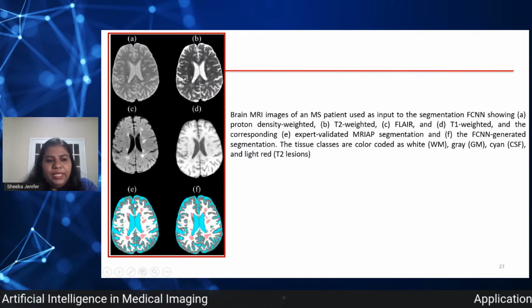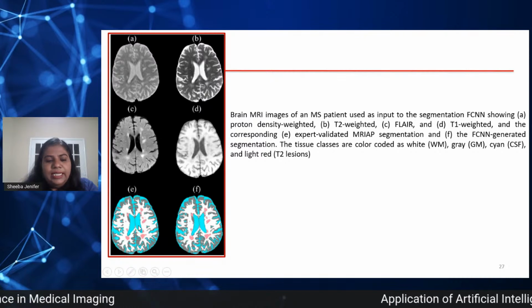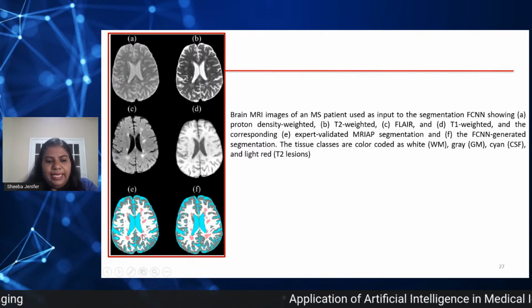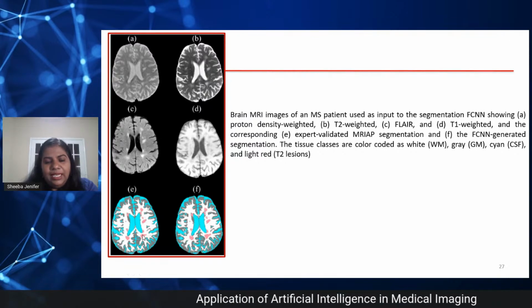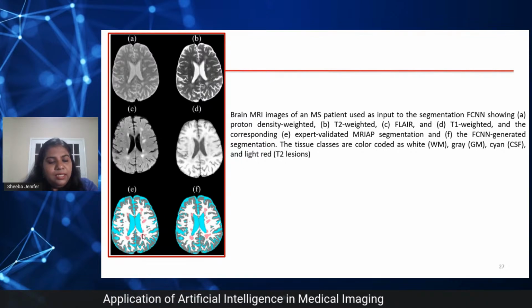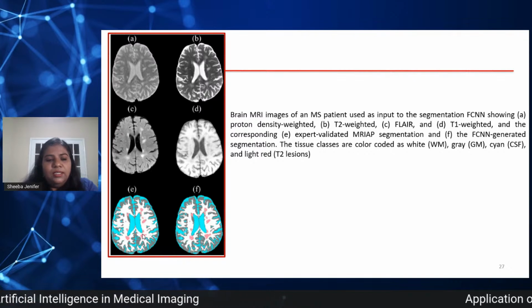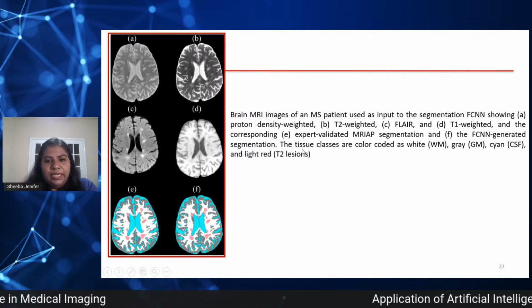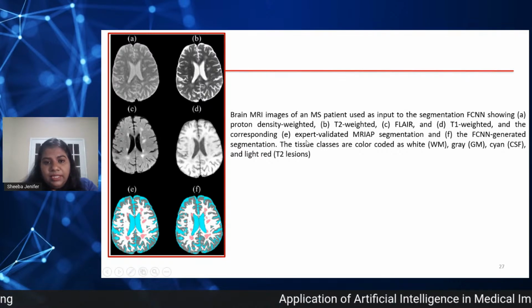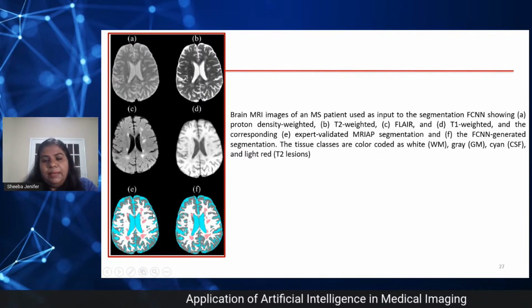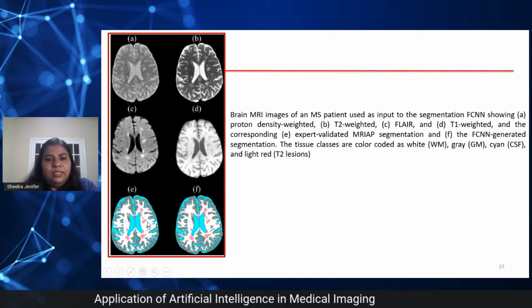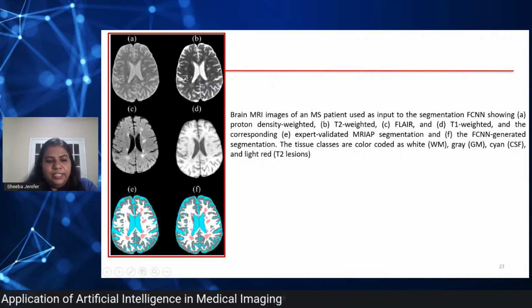If you look closely, this is segmented by an expert like a radiologist with the help of a tool, of course. There are certain projects where radiologists do segmentation without the assistance of a tool. But for this experiment, they used an MRI tool, and it was validated by the radiologist.